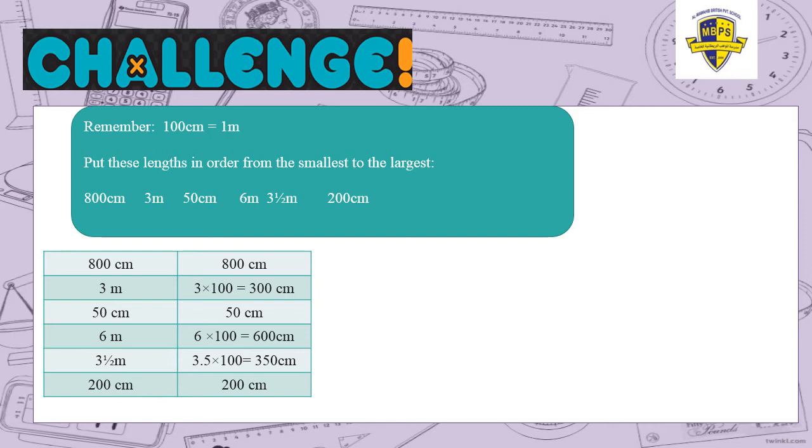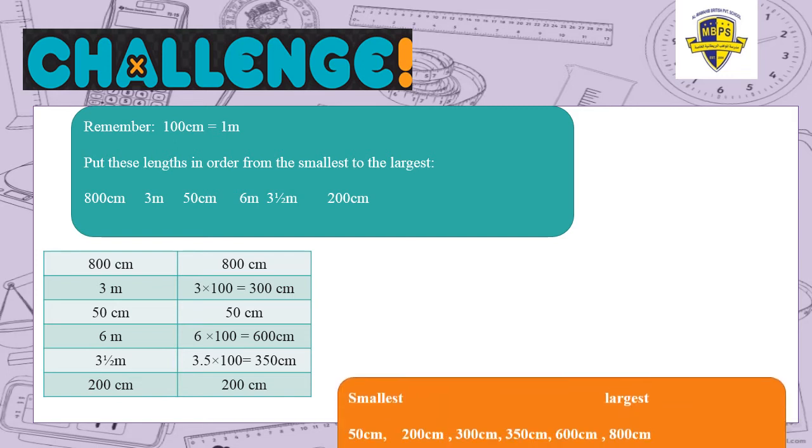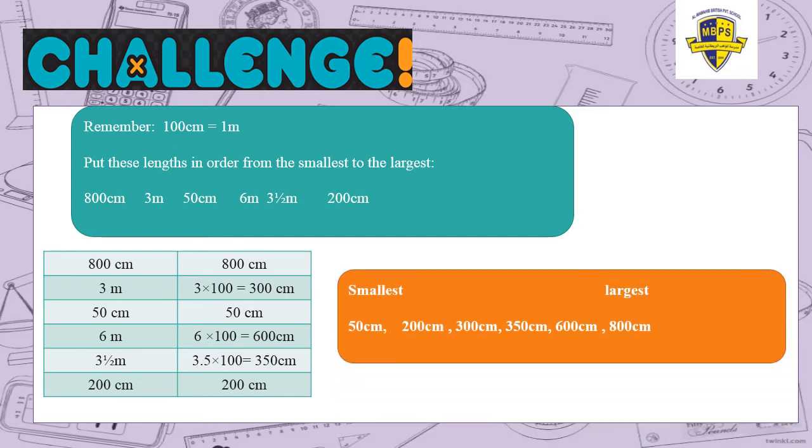Excellent. After that, 600. Good. And the tallest one, 800 centimeters. Good job. So here we can see the order from smallest to largest. Always remember, I start ordering or comparing after I make all the units the same.